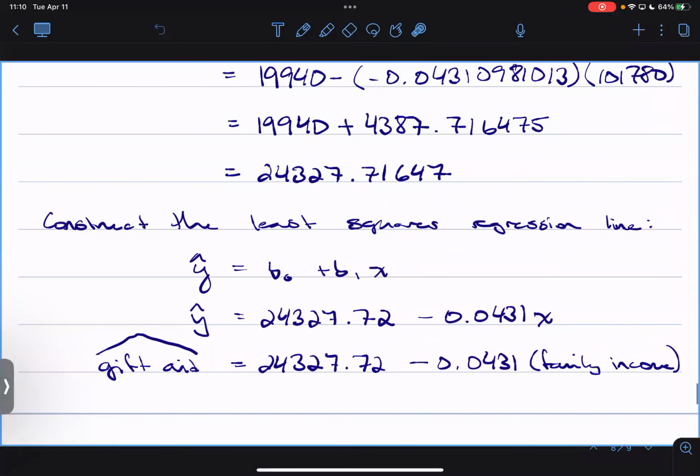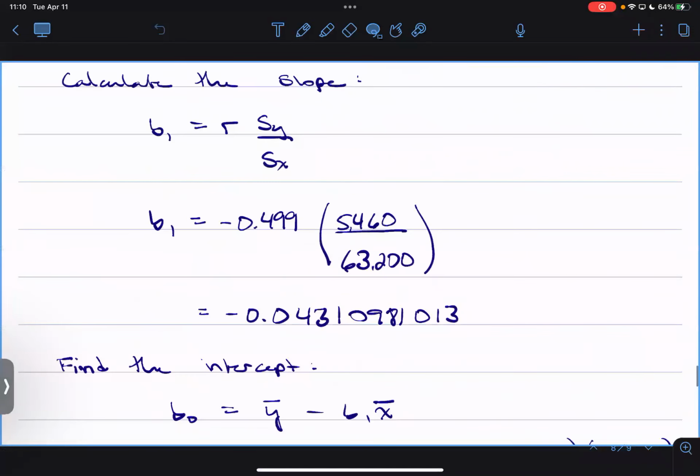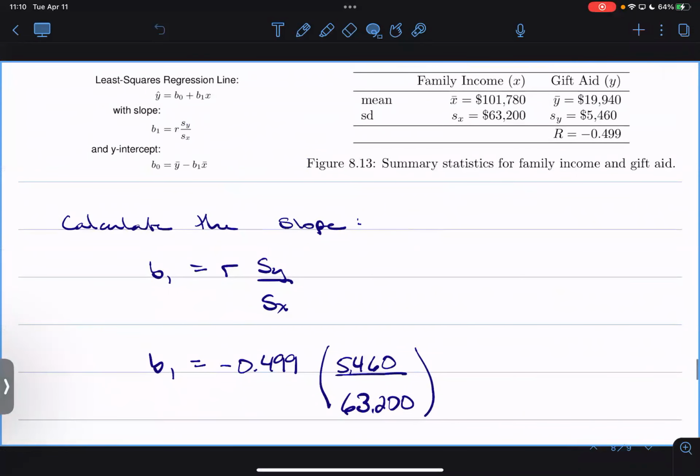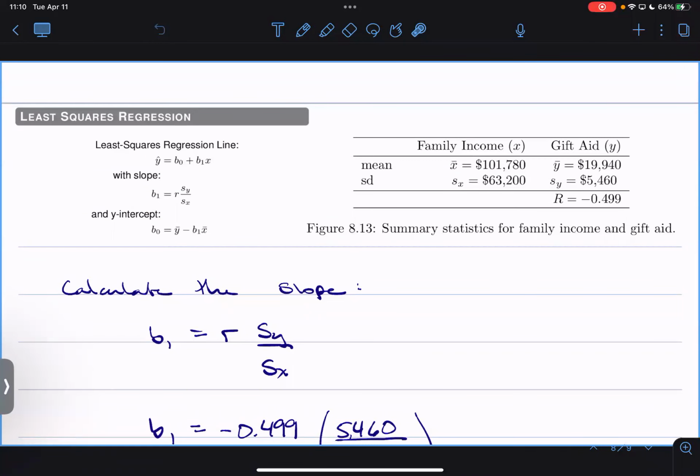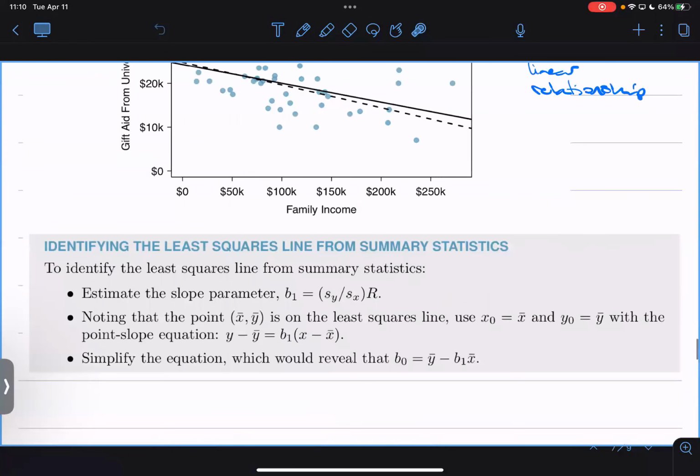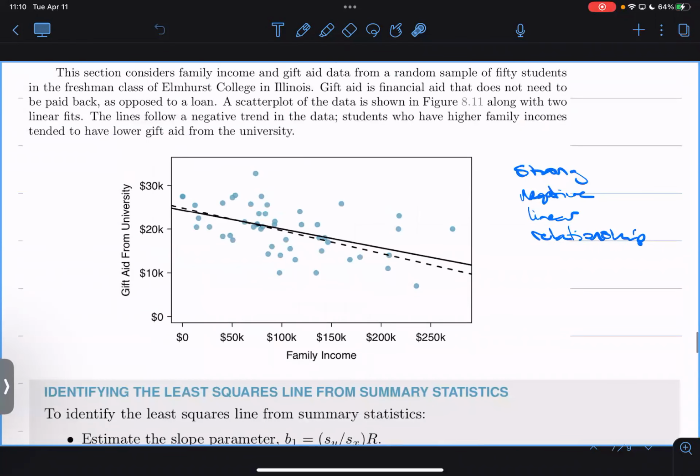And so what we finished, we were talking about this gift aid example, feels like a long time ago, where we were talking about the amount of gift aid that a student receives based off of their family income, right? So as the family income is increasing, the amount of gift aid that you would receive is decreasing. So we've got this negative relationship.